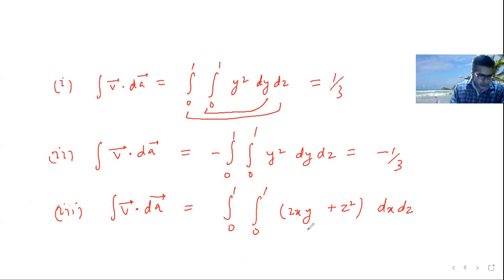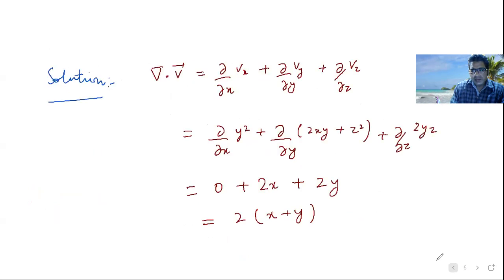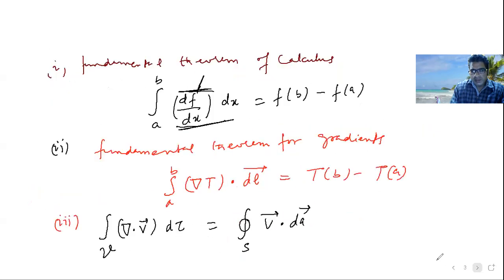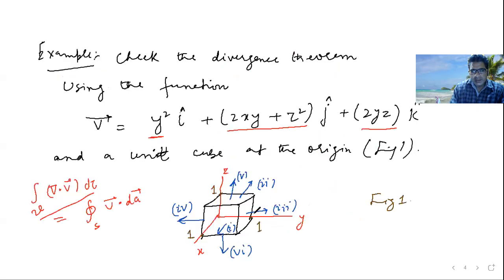So this is why I have written here 2xy plus z square. Another thing, for this face, y is 1, because this third face is located at y equal to 1.